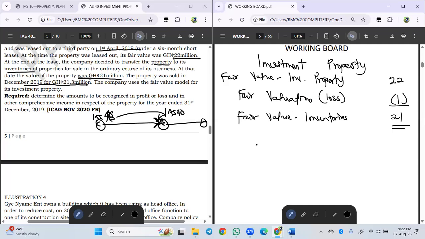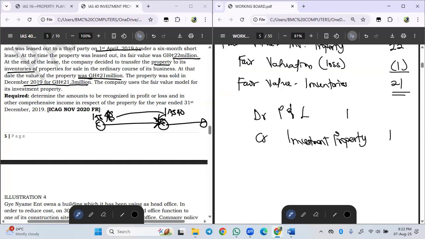This one is a loss, which means you debit P&L. If it is a gain, you credit P&L. So debit P&L 1. Then investment property is reducing by 1, so the corresponding credit will be the investment property, 1.